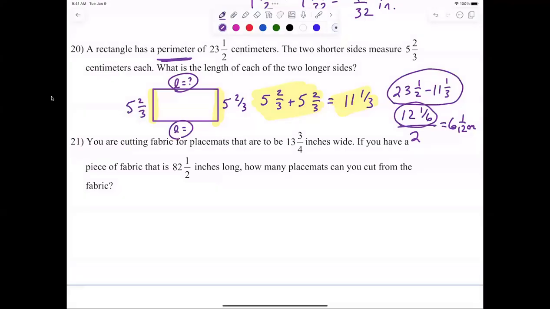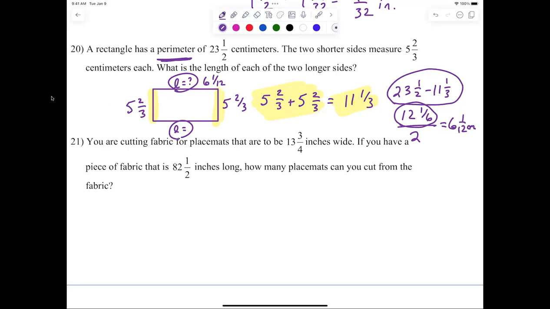Did that answer your question? Anybody have any issues now? So the length would be 6 1/12. We had to divide that by 2. All right. I'm pretty happy with that.